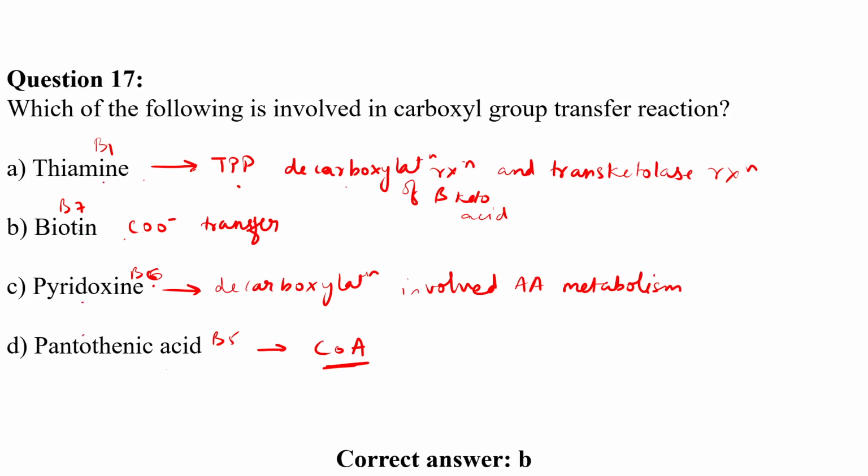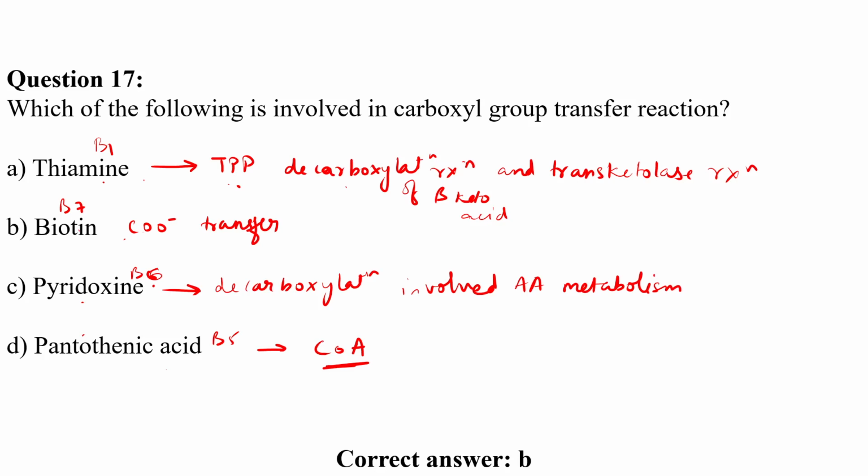For each vitamin we know the active form of the vitamin and we know the role of the vitamin. That is important. You have to remember the name of the vitamin, the role of the vitamin, and the active form of the vitamin that is performing that role. None of the vitamins are directly involved in the reaction. They are always converted into something else and then do the reaction.